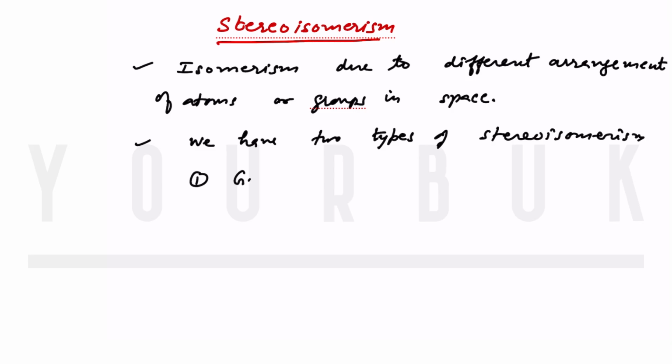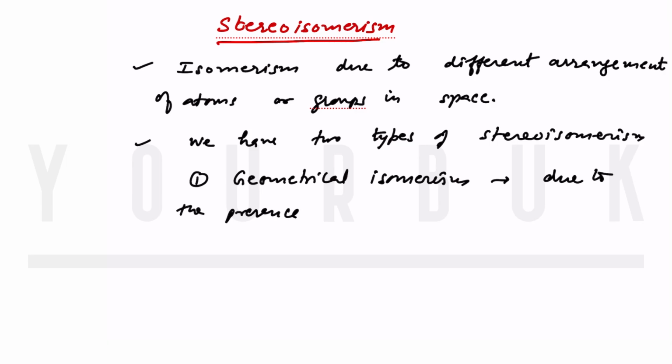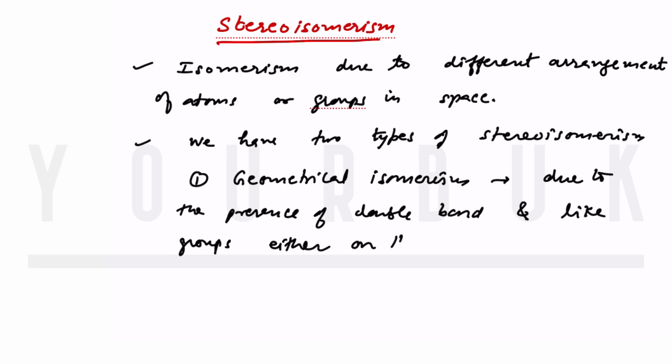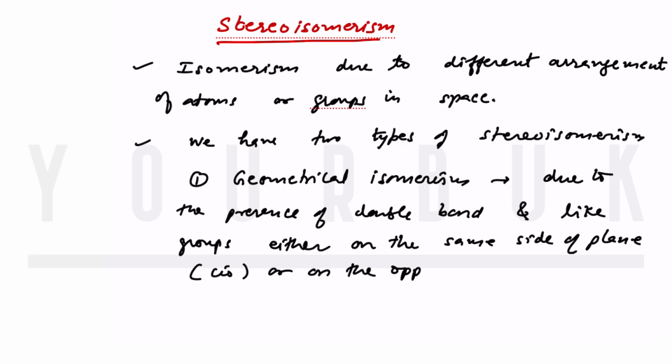The first one is geometrical isomerism, which is due to the presence of a double bond and the like groups either on the same side of the plane, then it is called a cis isomer, or on the opposite side of the plane, then it is called a trans isomer.